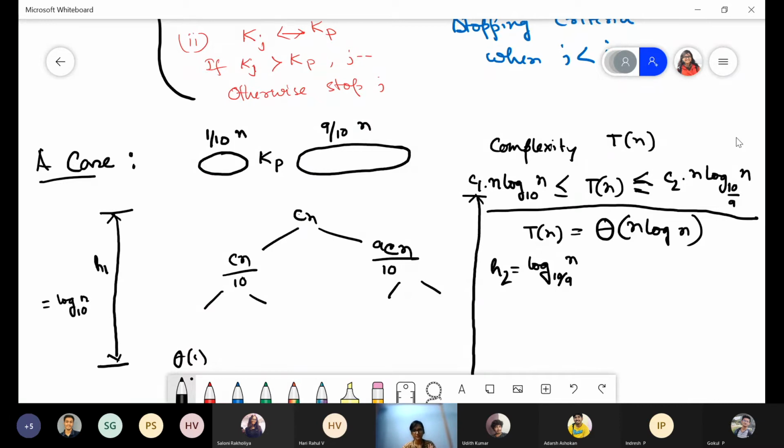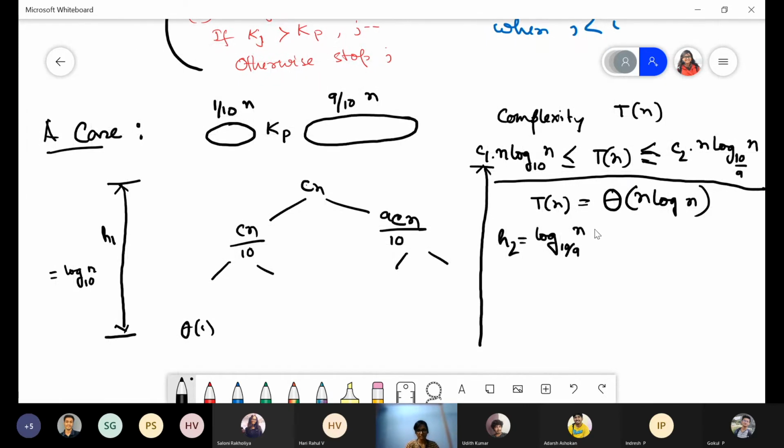You can simply skip the base for log and give the value of the set, or the identification of the set. So this actually gives us an idea that even if the partitioning is very bad, our algorithm will give us complexity in n log n only.